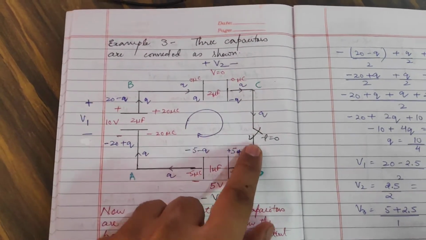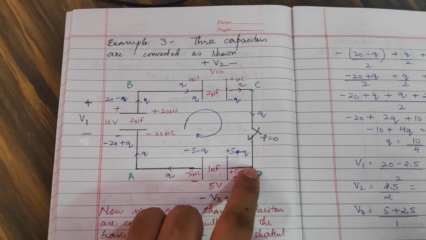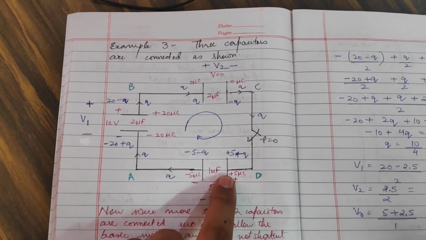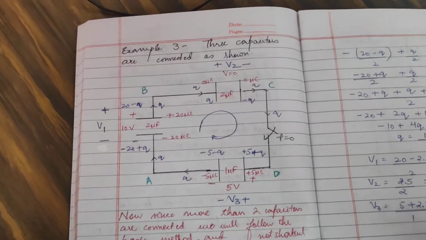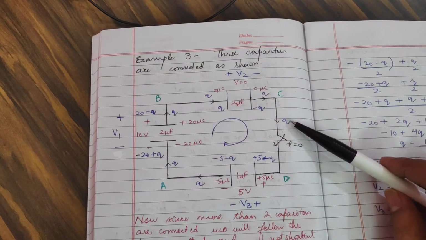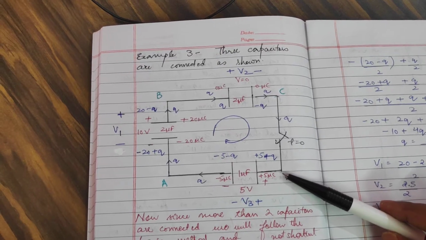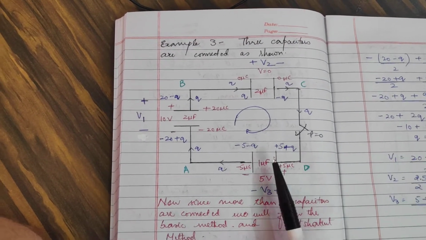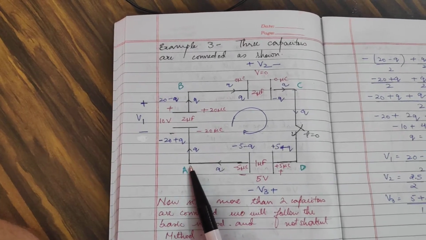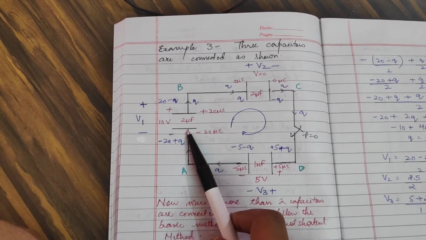Now this charge Q flows from here. And here the charge is plus 5 microcoulomb. This Q will add over here to plus 5, and the charge becomes 5 plus Q. Okay. And here the Q will flow again because it has to reach from where it has started.